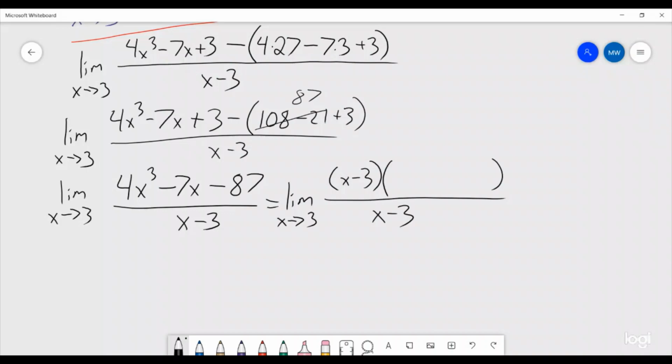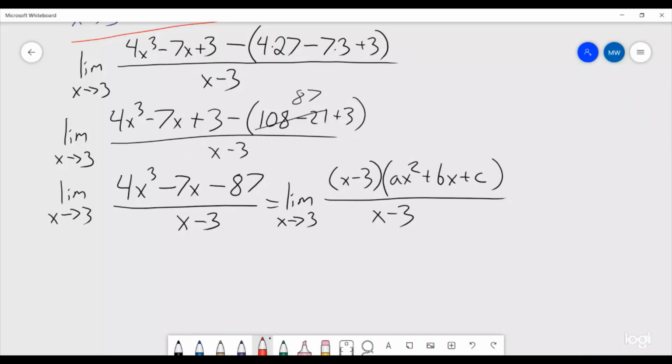So if we were to do that, we need x times something to give us this 4x cubed. So let's say that we have x minus 3 times ax squared plus bx plus c. And we need to solve for what a, b, and c need to be.